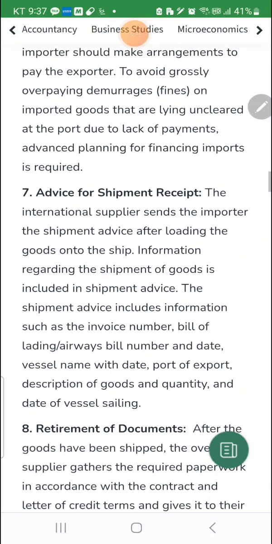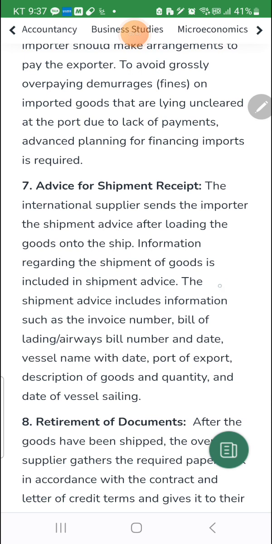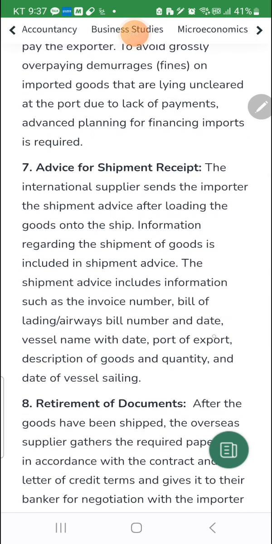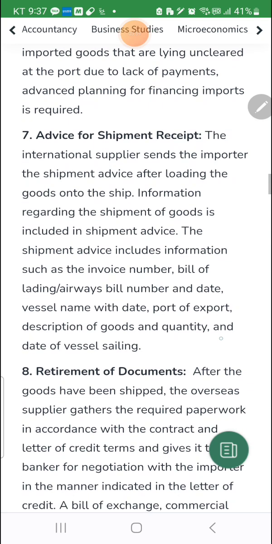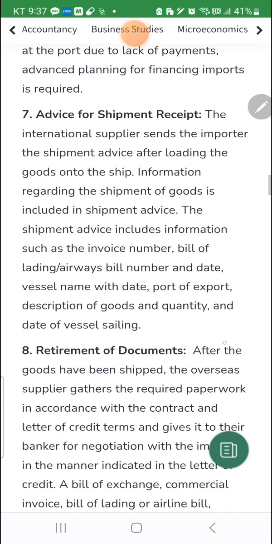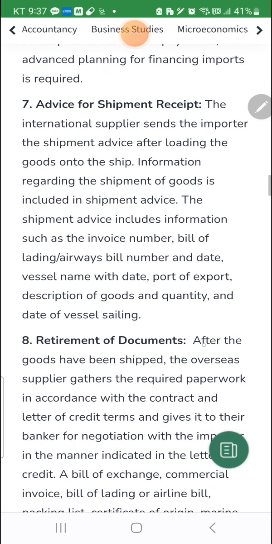The shipment advice includes information such as the invoice number, bill of lading, airways bill number, and date, vessel name with date, port of export, description of goods and quantity, and date of vessel sailing. Date of vessel sailing, right?